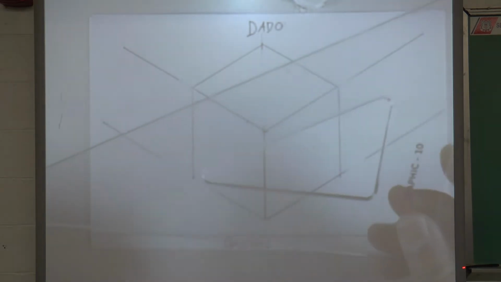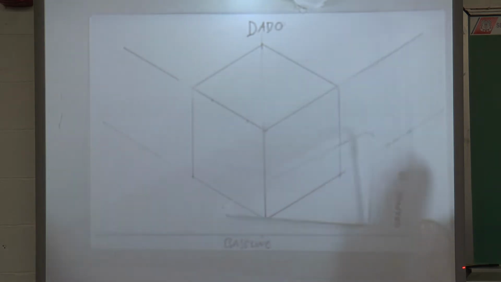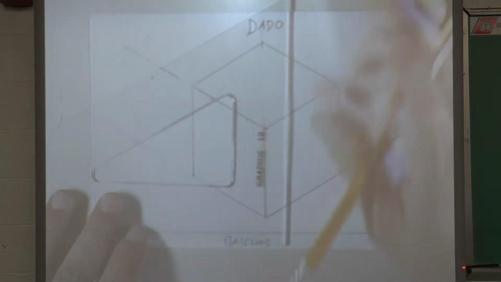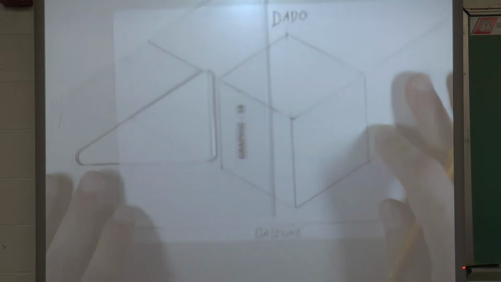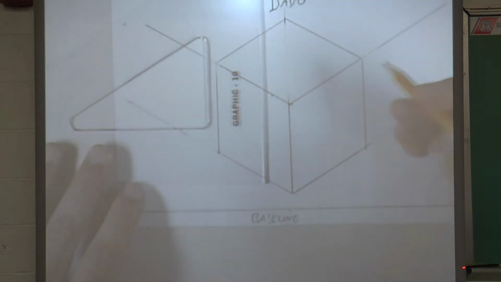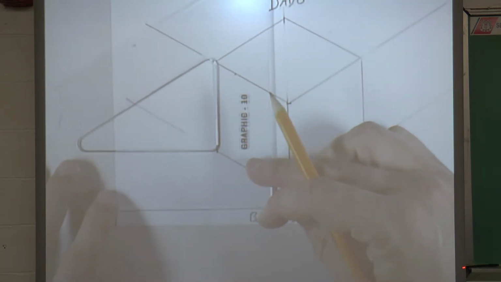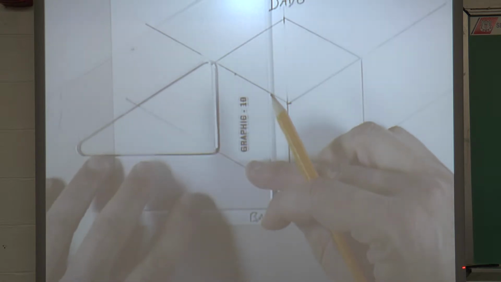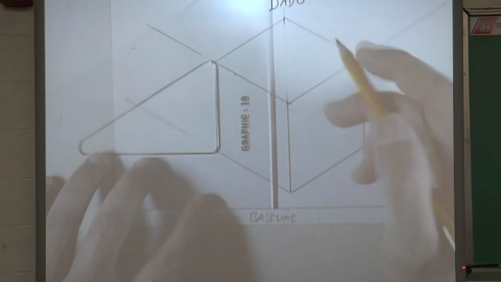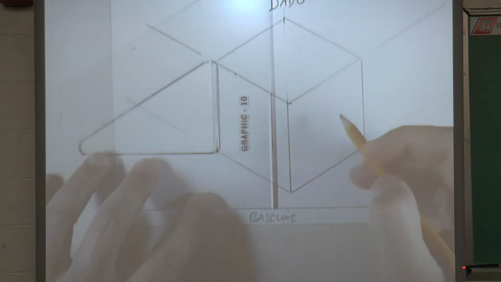From here, take my triangle, and I'm always going to put the base of my triangle on my baseline, and I'm going to just bring the lines down.